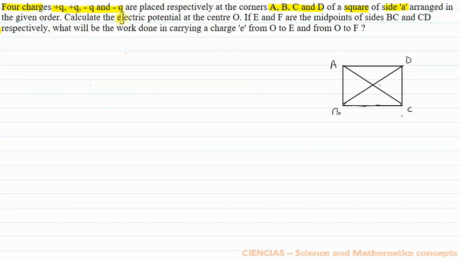Calculate the electric potential at the center O if E and F are the midpoints of side BC and CD respectively. What will be the work done in carrying a charge e from O to E and from O to F?